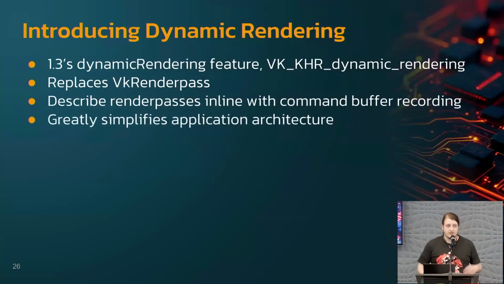Application architecture becomes a question of how you're going to do your command buffer recording, not how you're going to sync up your pipeline creation and render passes, because now pipelines just need to know what the image layouts of the attachments are, not all of your rendering architecture and subpasses and memory barriers.